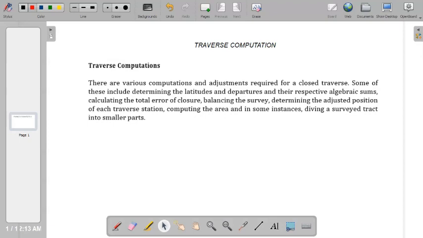But in this video I am just going to introduce to you the different terminologies that we usually use in traverse, like departures, latitudes, angular misclosures, linear error of closures. So this will be all part of our lesson in this video.